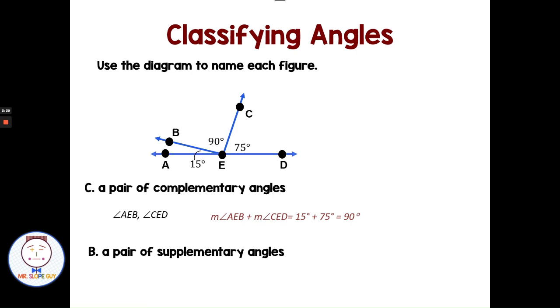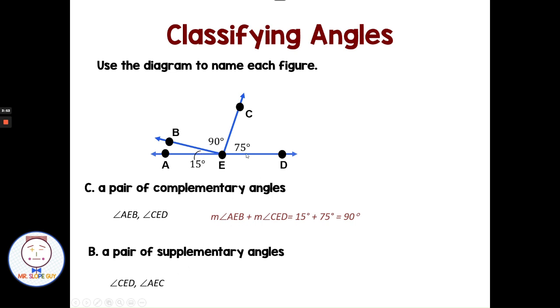How about a pair of supplementary angles? Remember, supplementary angles add up to 180. So we can't use one angle, AED, that's already 180. We need two angles that together would add up to 180 degrees. So I could take like angle CED, C to E to D, which is 90 plus 15 is 105.